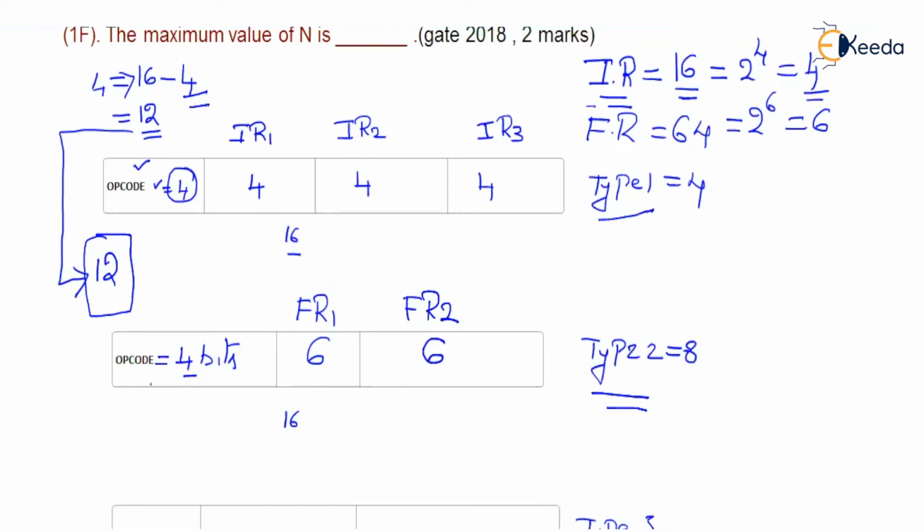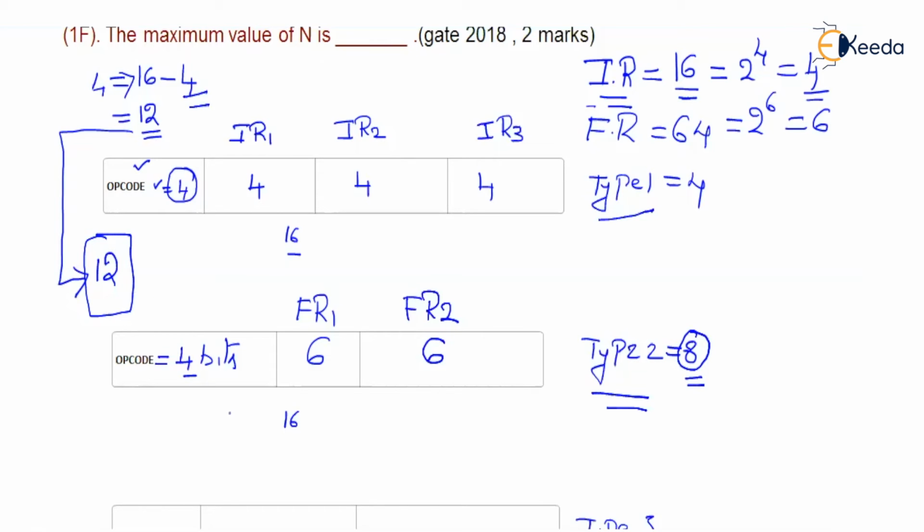As the type 2 instructions are equal to 8, these will consume 8 out of the remaining 12.